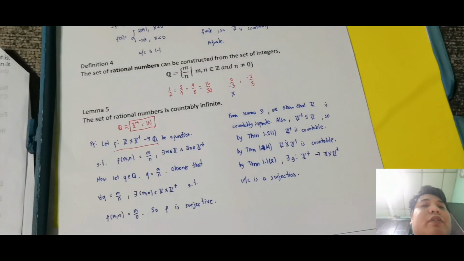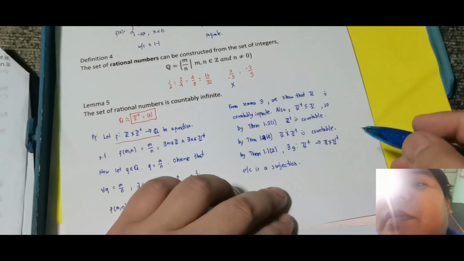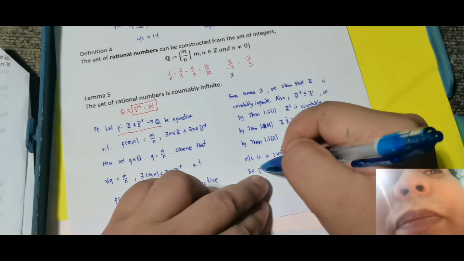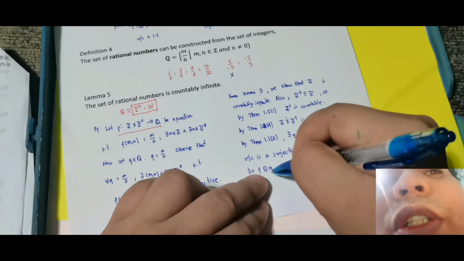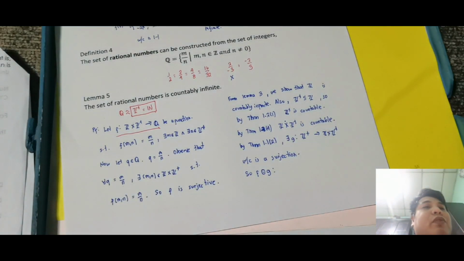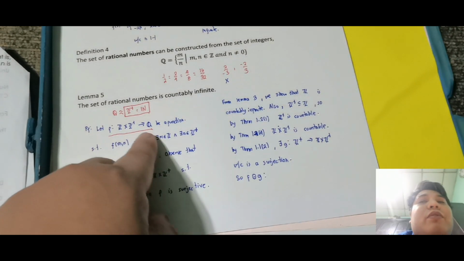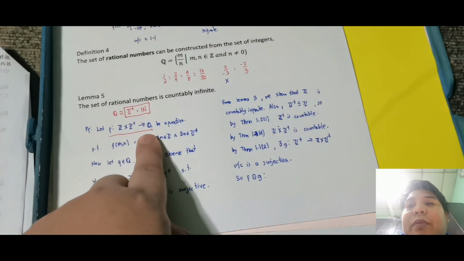Tama. Ngayon, nakita kong dalawang surjection na function. So ngayon, define natin yung function. Check ko to. So, si F compose G, saan siya equivalent? Si F compose G ay equivalent sa Z plus mapping to Q. Tama ba? Ganun ba yung magiging result?